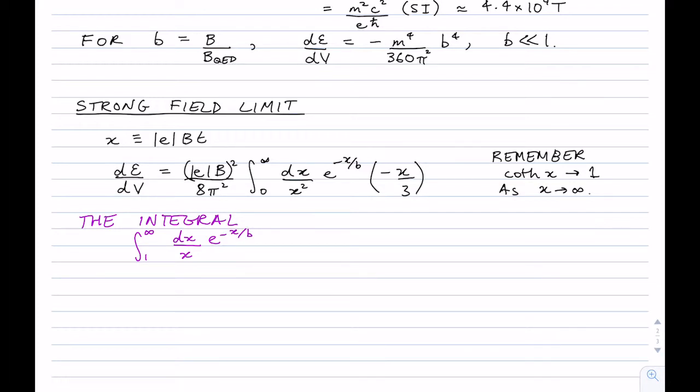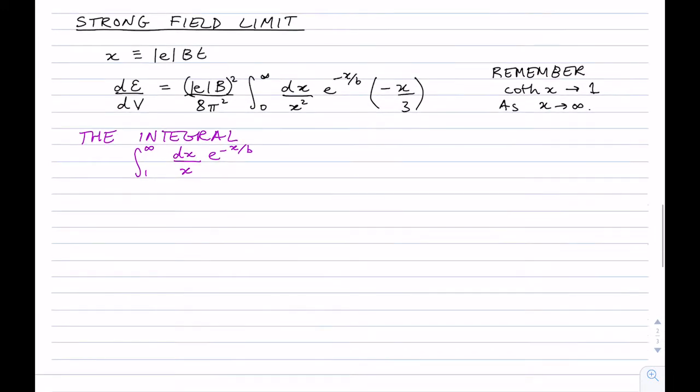And the way to think about this is that you've just got an integral of 1 over x, but at some point that exponential kicks in, right? So b is a very large value. So when x gets large, of order b, then the exponential kicks in and goes down faster than 1 on x.